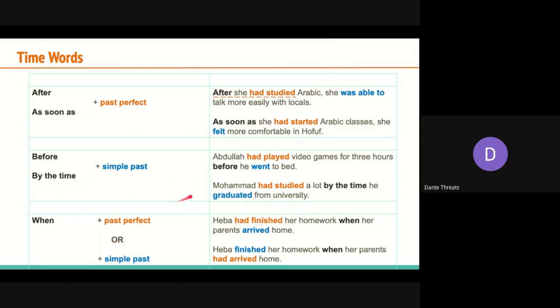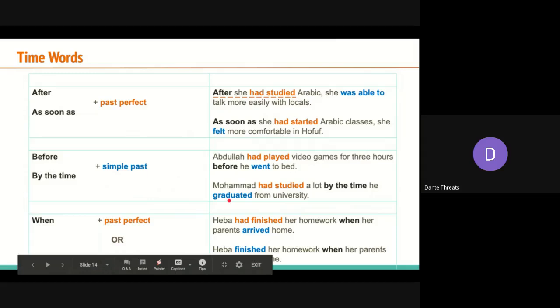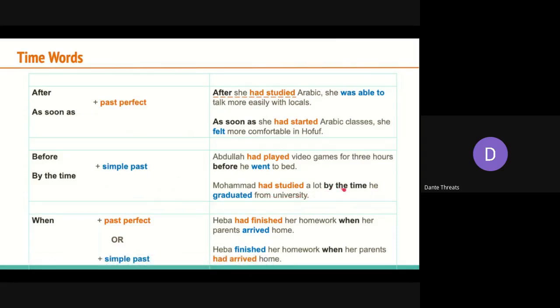By the time, Mohammed had studied a lot by the time he graduated from university. Okay, if we were going to use by the time at the beginning of the sentence, we could say, by the time Mohammed graduated from university, comma, he had studied a lot.